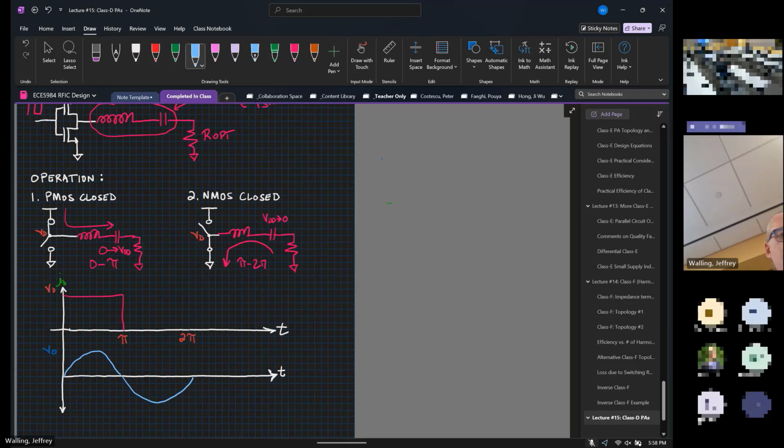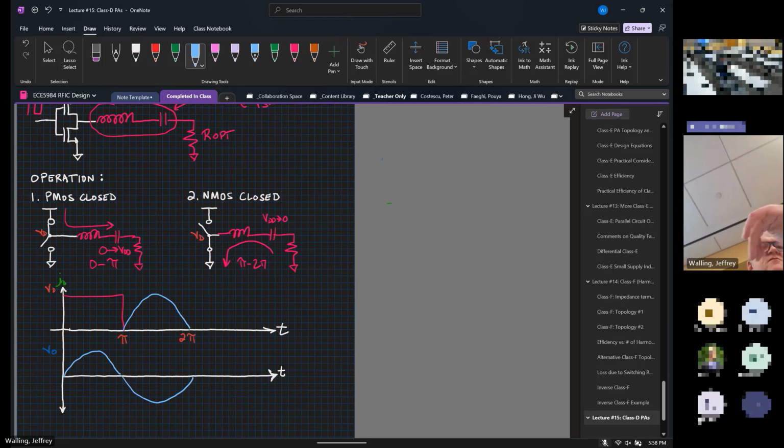And you can ultimately show that the drain current is going to become half rectified just due to this charging discharging operation. So during that first part of the cycle, we're only putting current towards the load.